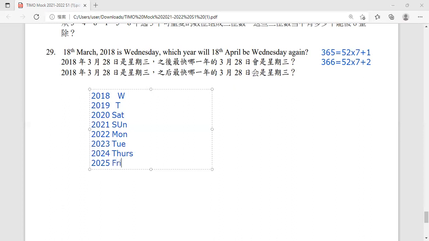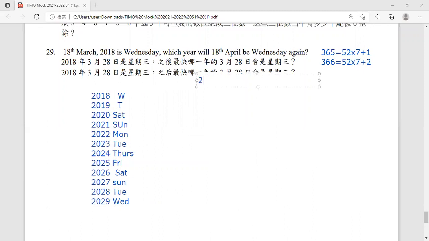And this is Friday, and this is Saturday, and this is Sunday, and this is Monday. That is Tuesday, and this is Wednesday. So 2029. That's that.